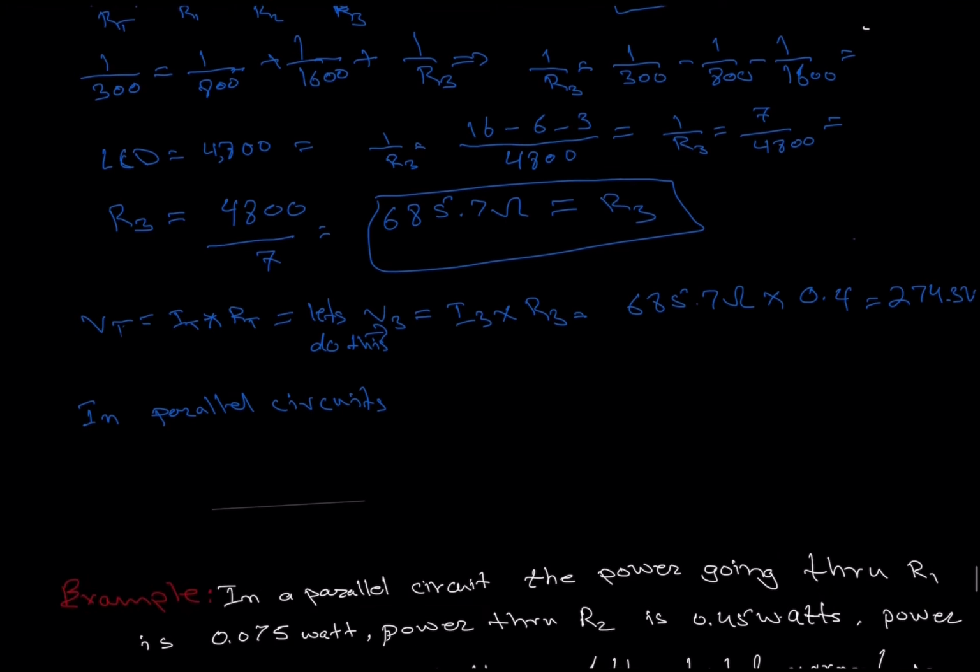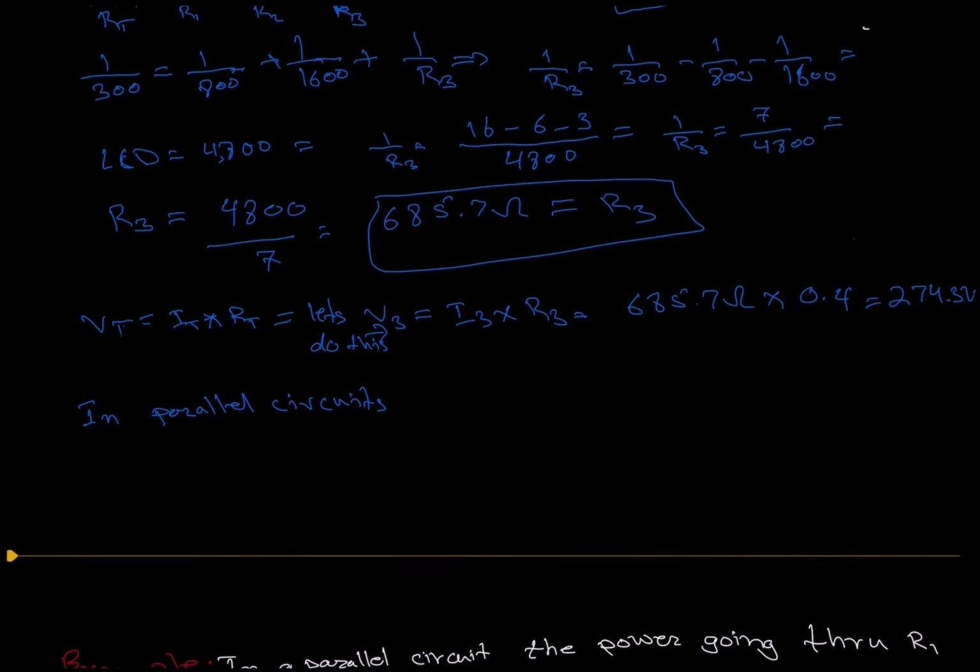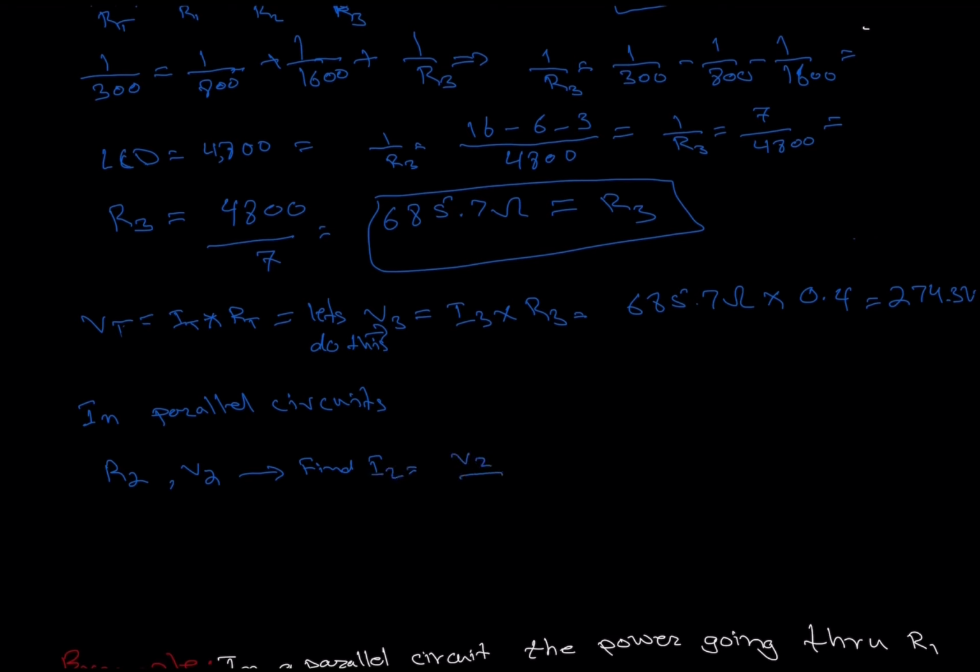Let's go ahead and find, since we have R2 and V2, let's find I2. I2 will be V2 over R2.